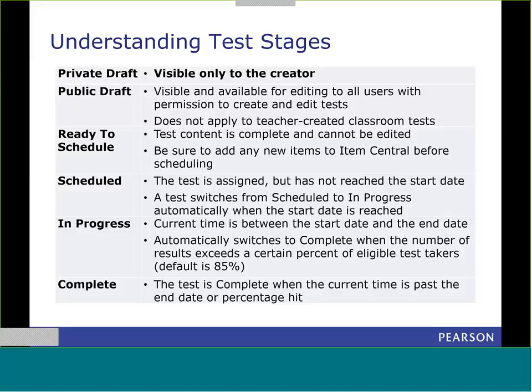So if you have 100 students taking an assessment, as soon as 85 students take the test, it will switch to complete even before the end date. So that's the last stage, complete, which is what I just said: when the end date is hit or the percentage is hit.